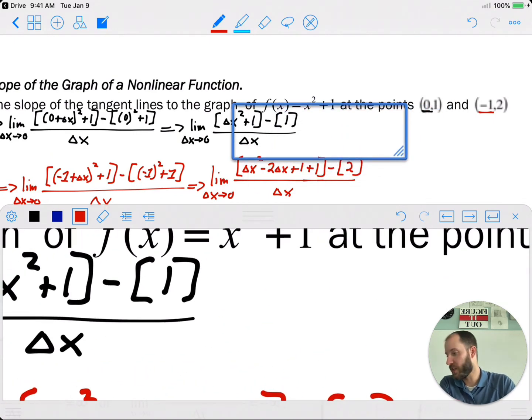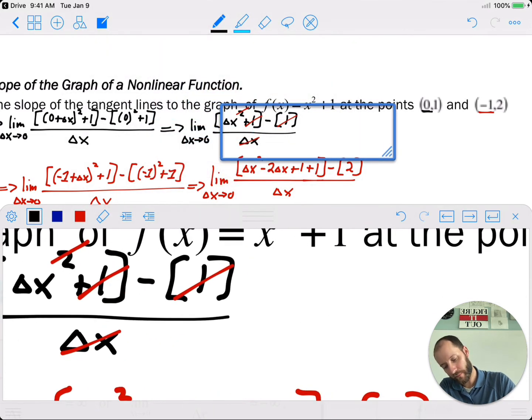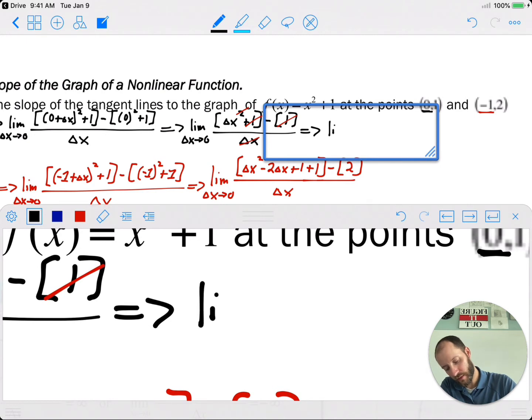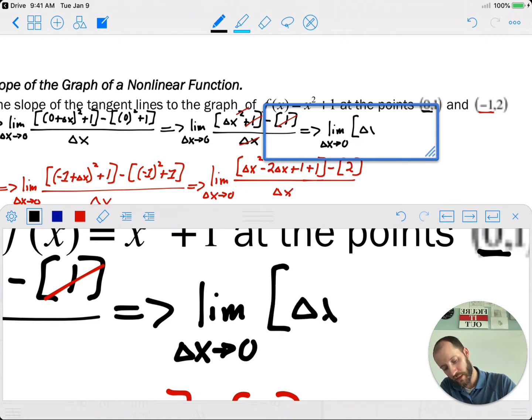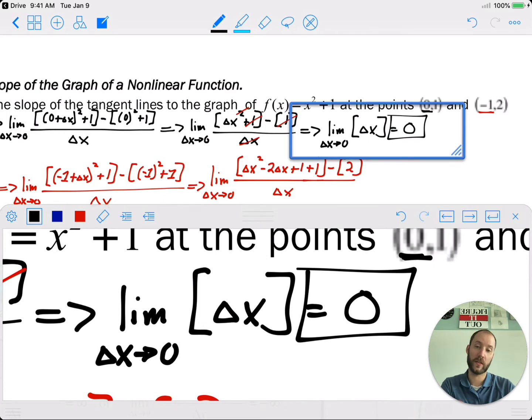Now things are going to start canceling out. In the top in black, the plus 1, minus 1, those cancel. Delta x squared over delta x cancel from the top and bottom. So the limit as delta x approaches 0 of delta x, evaluate that with direct substitution, get 0.